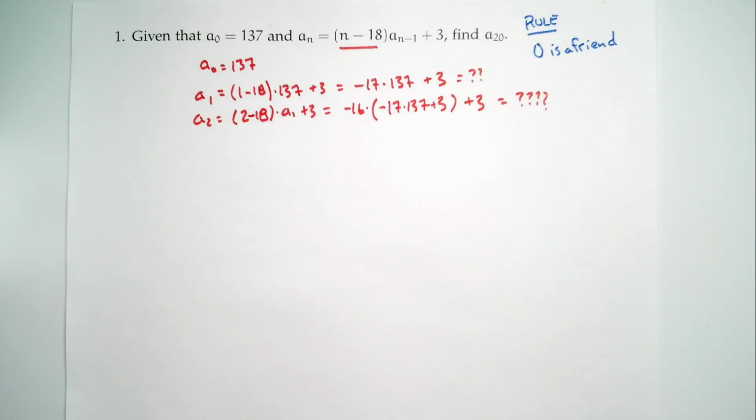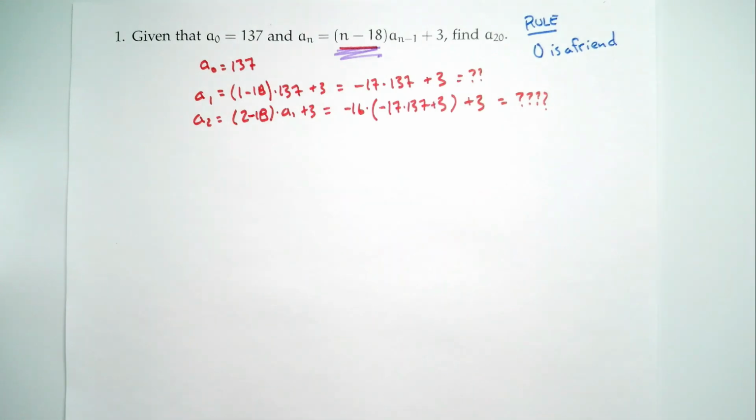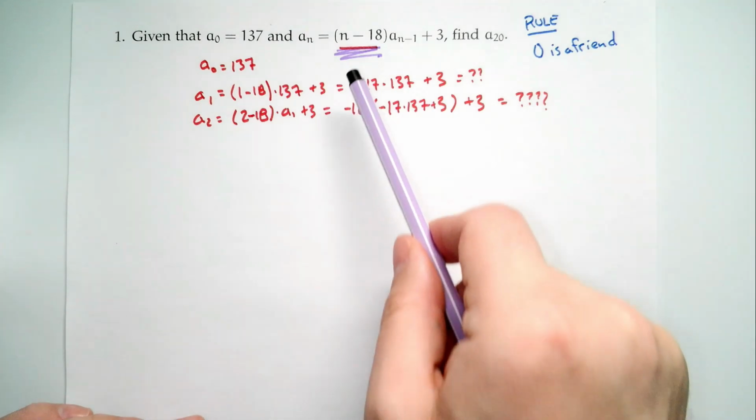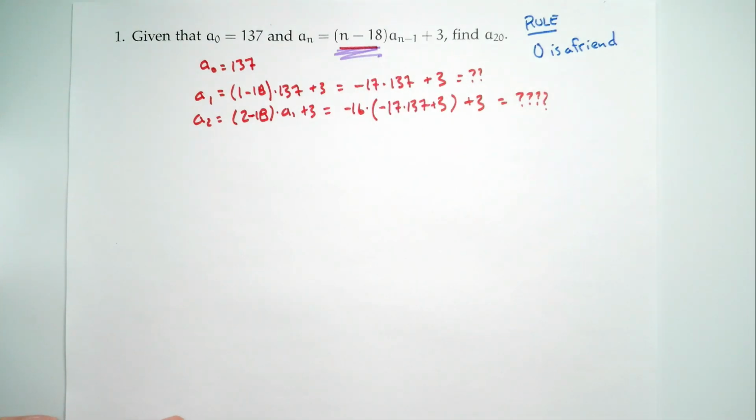Let's look at this. This n minus 18 varies with n. What's a really good choice for n? Something that will make life beautiful. I think you can see it. If 0 is a friend, if I could make that 0, the answer is n equals 18.